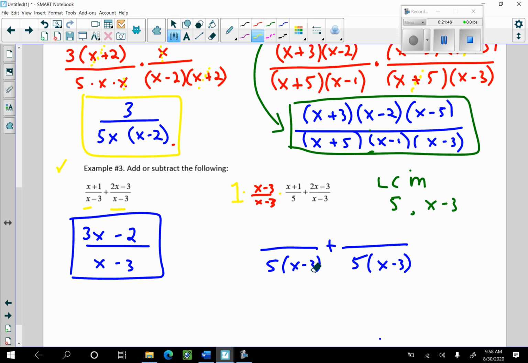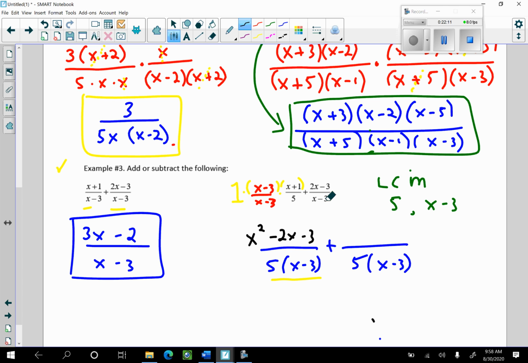And I'm not going to multiply out the denominator. I'm going to leave it like that. But now I have x minus 3 times x plus 1. Do some simple multiplication. That's going to be x squared, well, 1x minus 3x is negative 2x, minus 3. And that's what these two binomials multiplied together is.